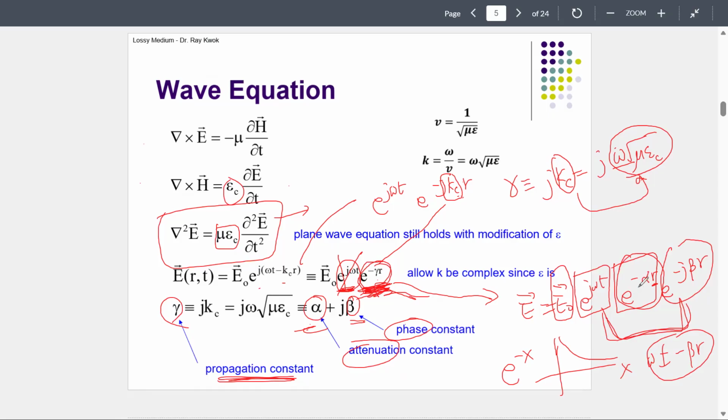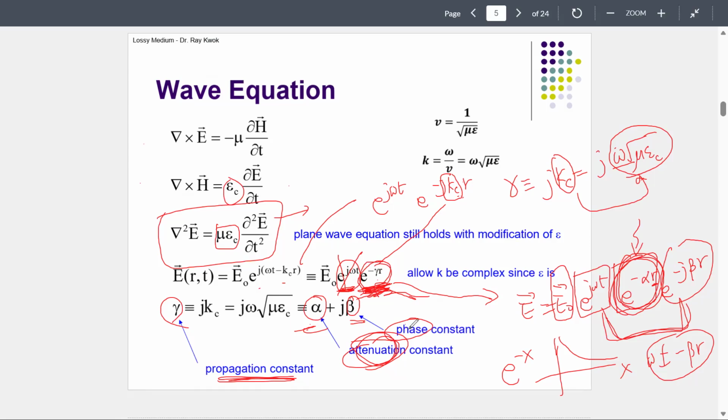So what I'm trying to say is, when you take the real parameters into account, the only thing that changed from what we learned before is that we have this term here, attenuation. That tells me how fast the signal will attenuate.